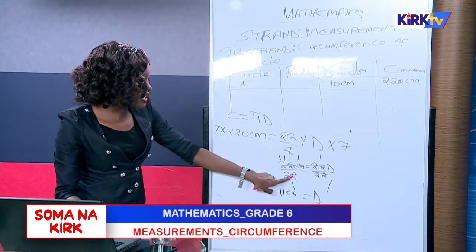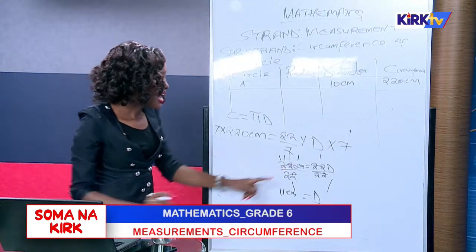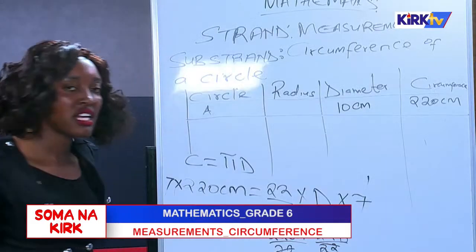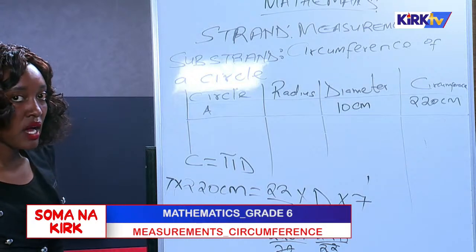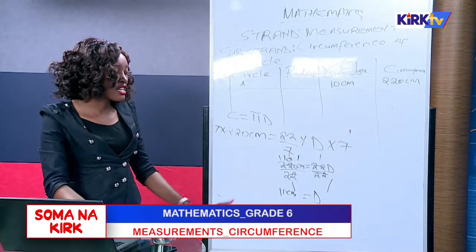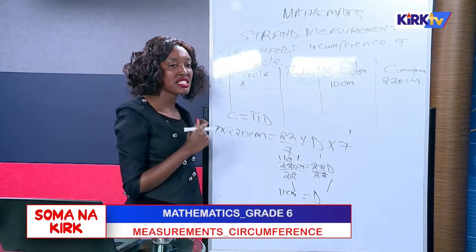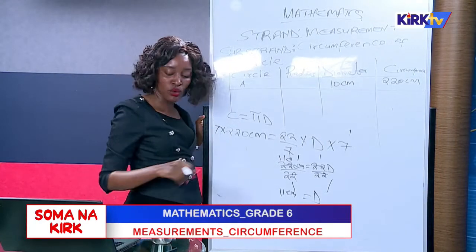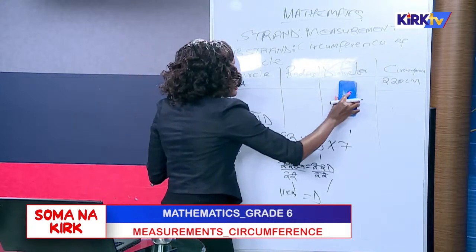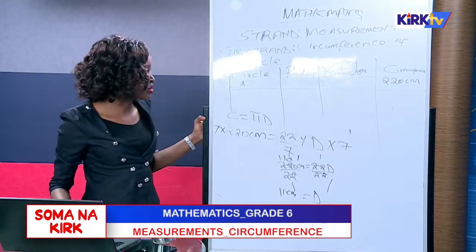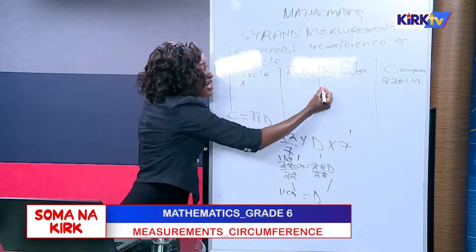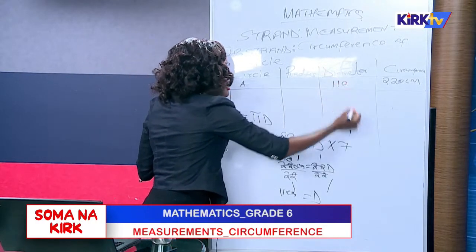Now when you simplify here, by 22, 1, 1, and then we have that 0, put it up there. Are we together? It's better when you're working out to make sure you have enough space to avoid confusion. So in our place here, our diameter is 110.